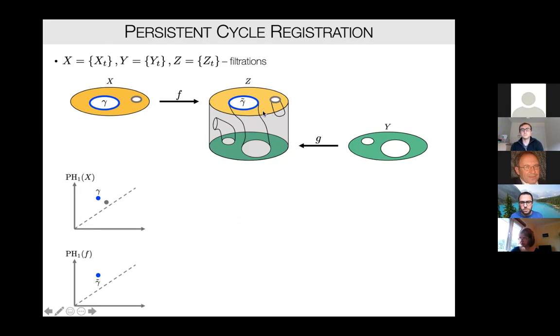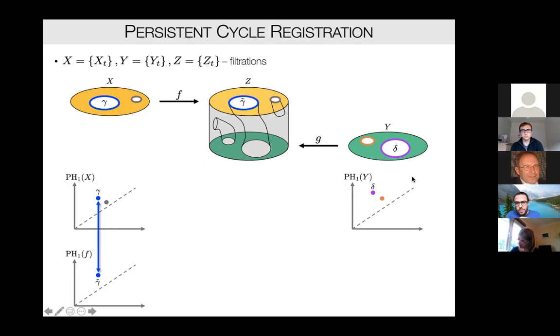So when we do this mapping, we no longer see it in the diagram. We're down from 2 points to 1. But since we're looking at cycles that are created in X, and we're looking at the image of X, those two cycles, gamma and gamma tilde, should have the same birth time because they are generated by faces or chains that exist in X.